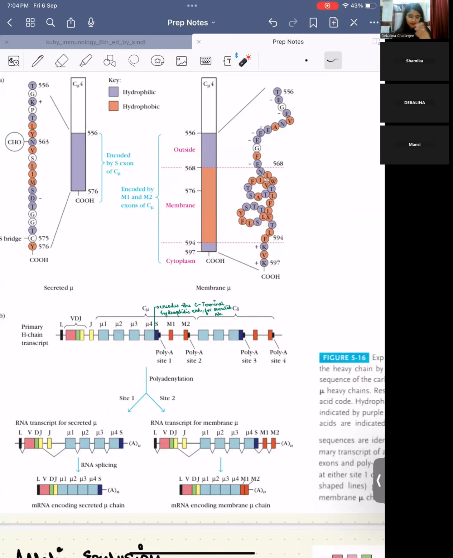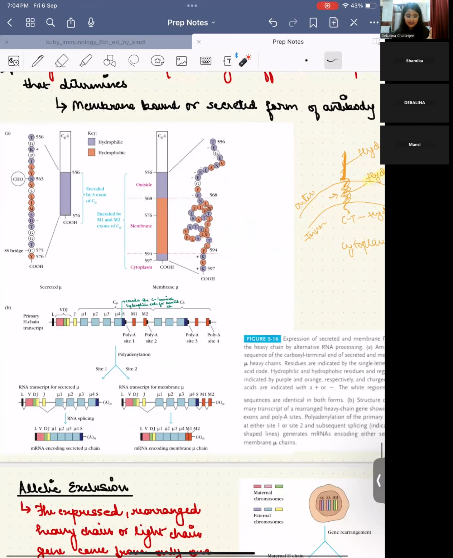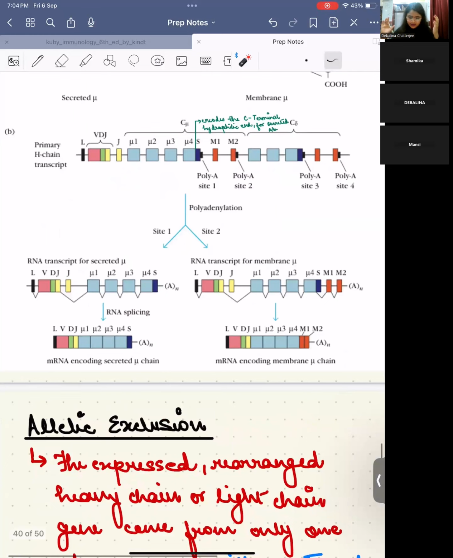And if the final RNA transcript has this hydrophobic domain, the protein that is going to get synthesized is going to have a hydrophobic domain which facilitates its crossing of the cell membrane, and it remains bound or decorated as a membrane bound antibody. So again, the different ways the gene segment arrangement and everything has been shown here. We will not get into a lot of detail with this. You just have to remember the principle behind it.